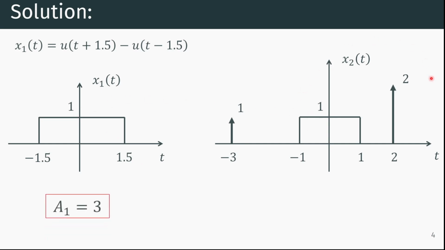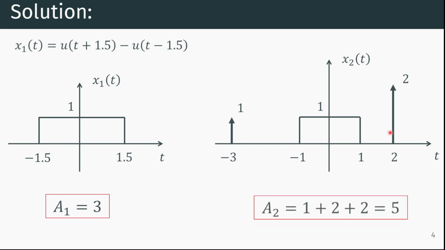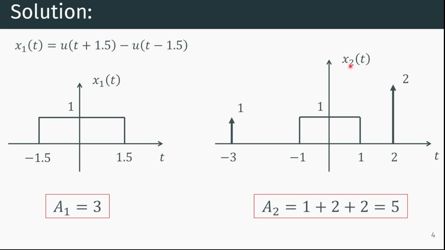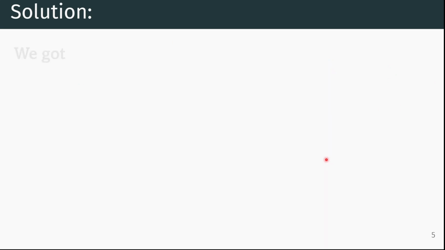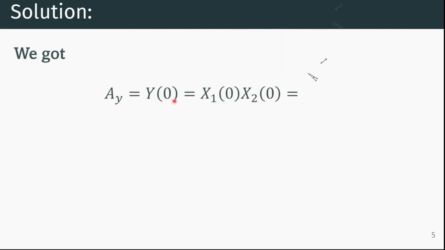Similarly, the area of x2 of t is the area of this Dirac delta, which is 1, plus the area of this rectangular function, which is 2, plus the area of this Dirac delta, which is 2. So totally, the area of the signal x2 of t is 1 plus 2 plus 2, which is equal to 5 units.